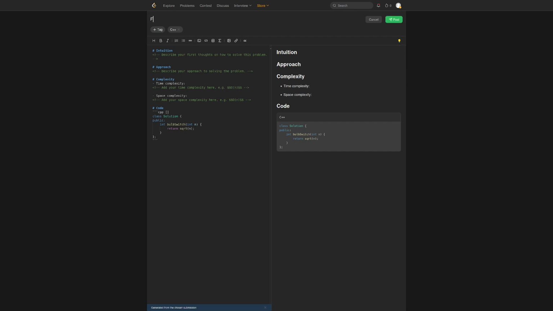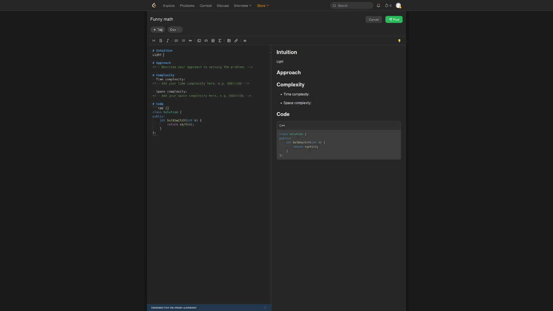Okay, funny math. Intuition: a light bulb will stay on after switching if it has an odd number of unique divisors.